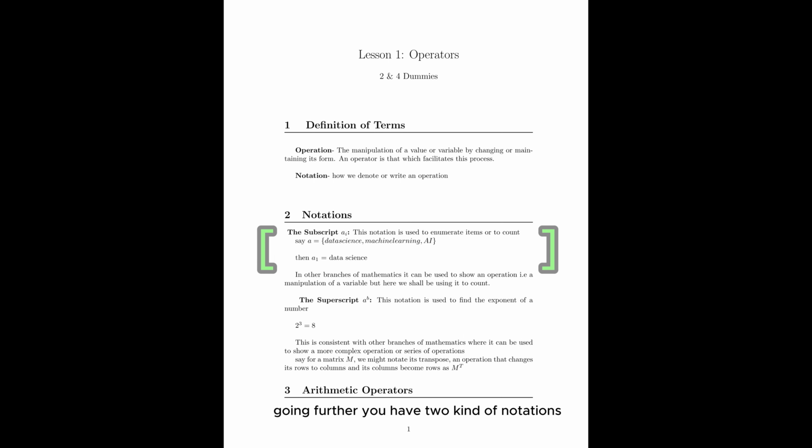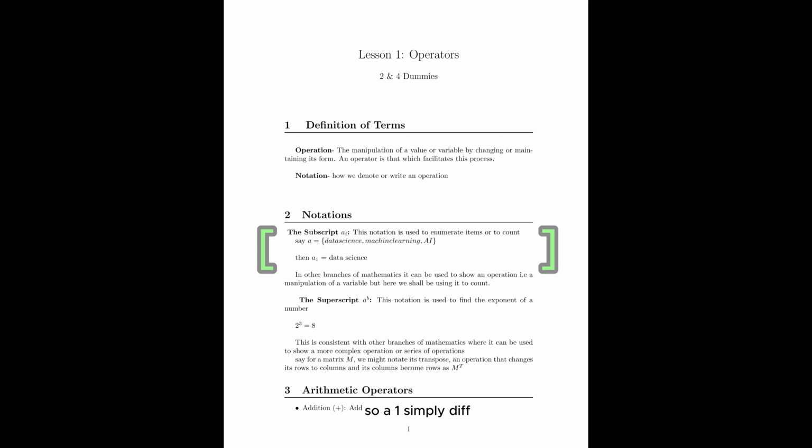Going further, we have two kinds of notations, the subscript and the superscript. The subscript shown there is used to enumerate or to count items in a given set or list. So for instance, in our list there, the list is A, it has data science, it has another element called machine learning and another called AI.